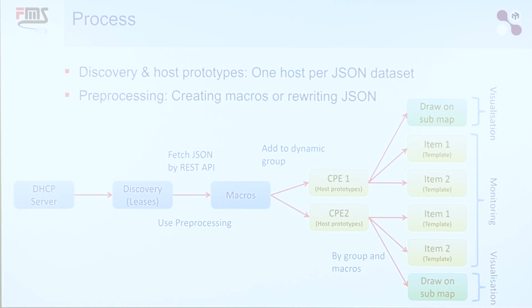And we will also add a template to this host to be a CPE, for example, so we can create all the items, the yellow items, so the host is monitored too. So from this simple process, you will end up with all your hosts in your map. You will have monitoring and you will have visualization for those hosts.